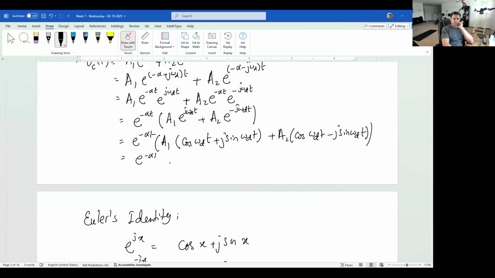So e to the power negative alpha t times [(A1 plus A2) cosine omega d t plus j (A1 minus A2) sine omega d t].